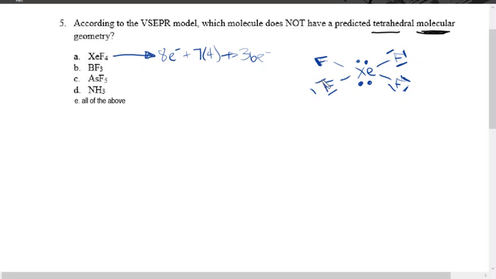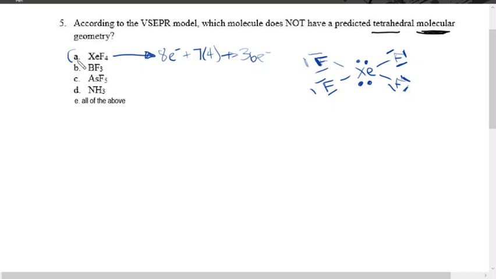Same thing with all these fluorines. Let's make sure everything works out correctly and count our electrons: 2, 4, 6, 8, 10, 12, 14, 16, 18, 20, 22, 24, 26, 28, 30, 32, 34, 36. We have a total of 36 electrons, so that seems to be the right setup.